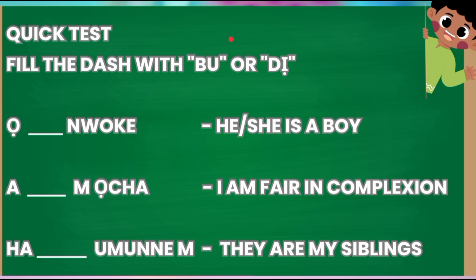So when you think about it carefully, using the explanation we have done, you will know which one to use. If you used bo in the first question, then you understand the explanation so far. Good job. Okay, it's a permanent state.